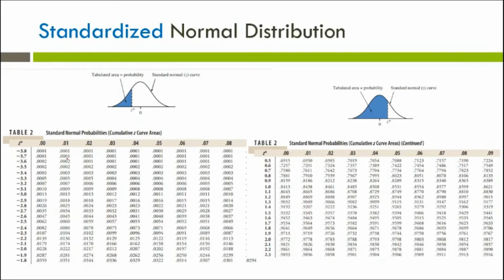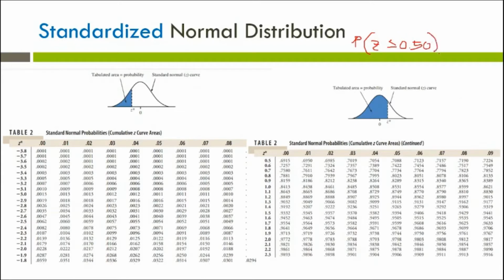Some tables will only have negative 3.4 as the lowest value and positive 3.4 as the highest. There are also some tables which have negative 3.9 as the lowest and positive 3.9 as the highest. Now, how do we read this one? Let's take for example a z-value. If we are asked to find the probability of z less than or equal to 0.5.